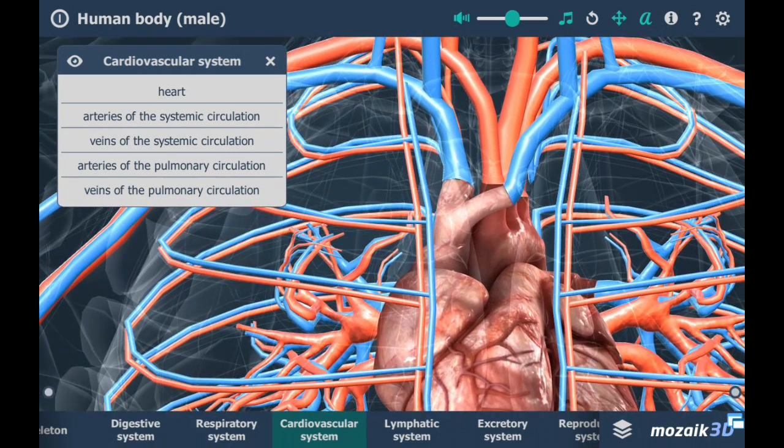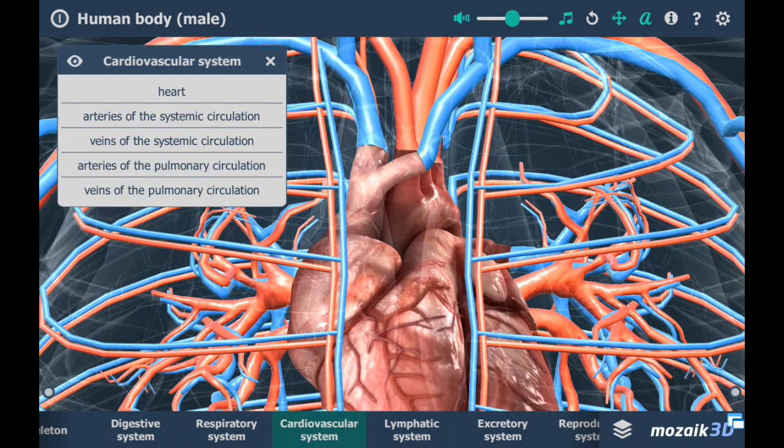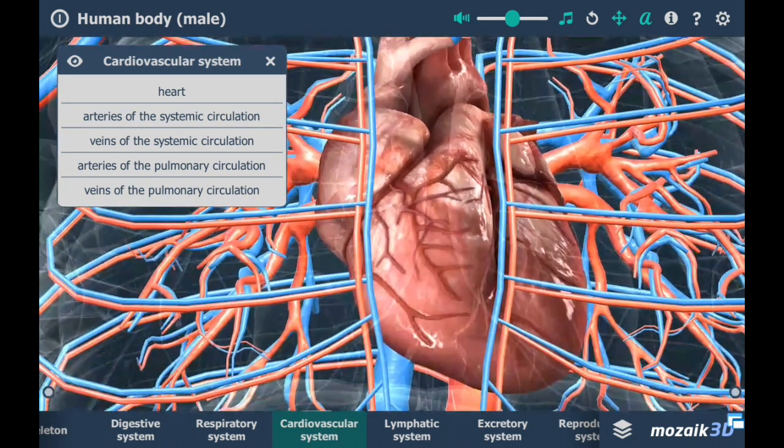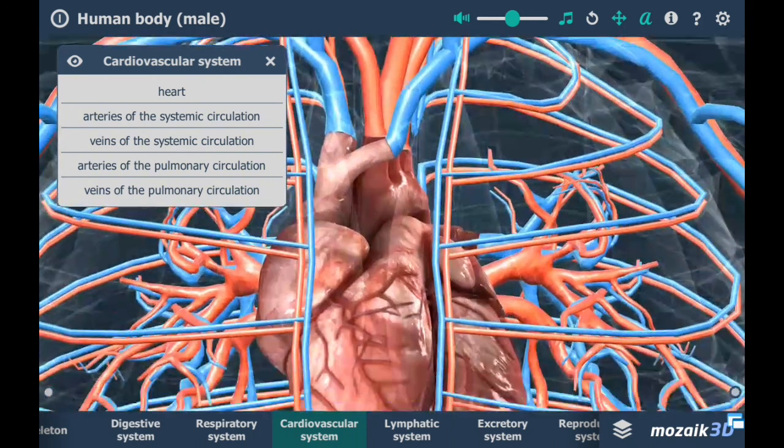Next, the oxygenated blood can enter the left atrium, and then down into the left ventricle and pumped out all over the body via the coronary arteries or veins.